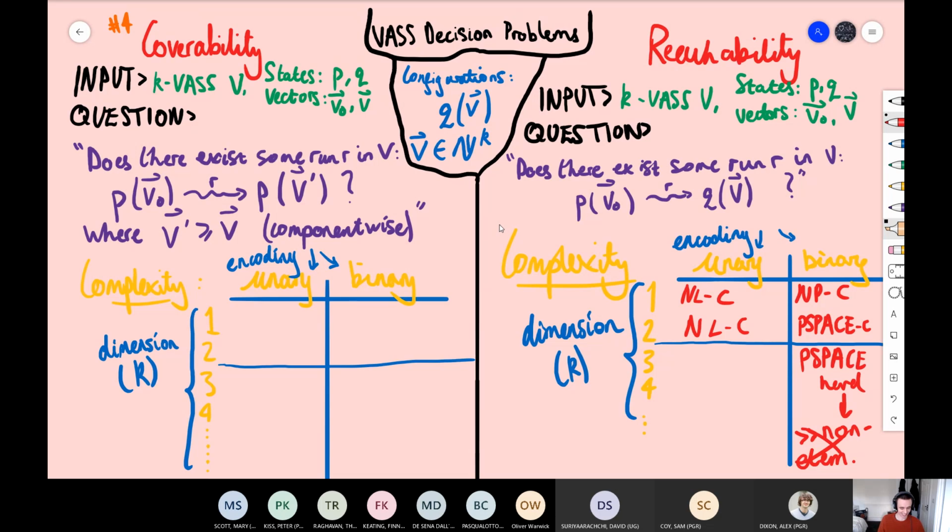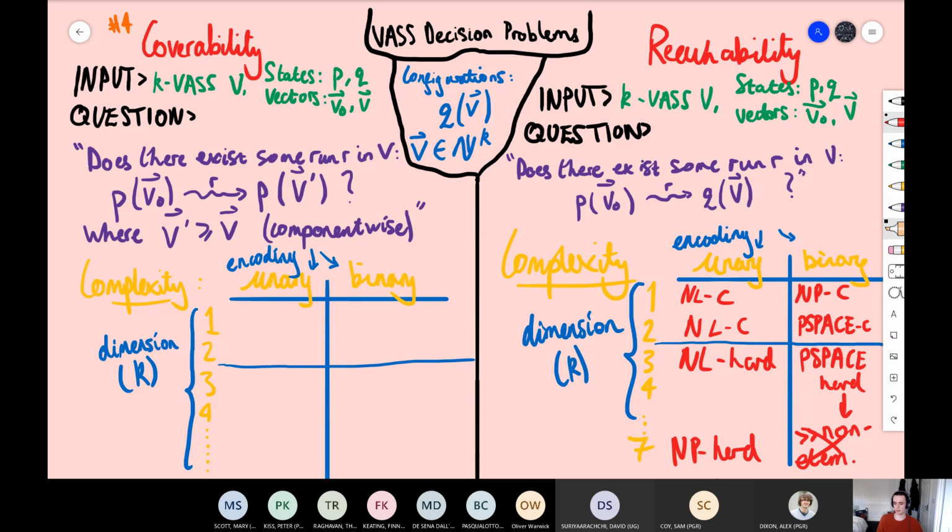Thank you. And then in the unary case, we get NL hardness. And curiously, I'll just mention it. At dimension 7, we get NP hardness. Yeah, it's kind of crazy. Turns out you can trade 3 unary counters for a binary one. And so then you get 2 binary counters and a unary. You can get NP hardness from this.